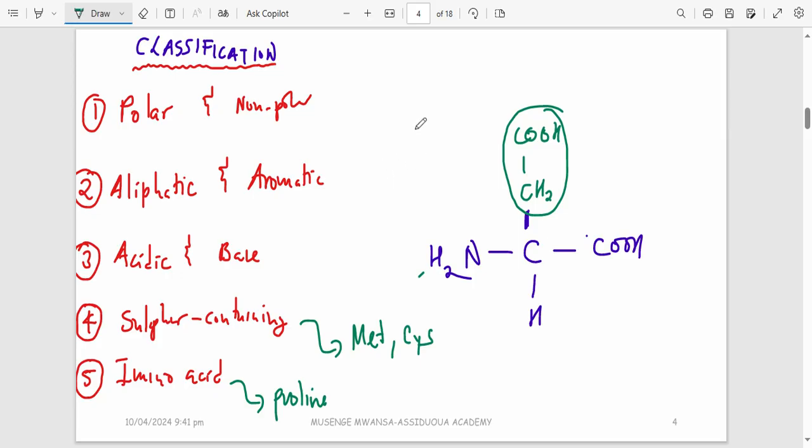Same with glutamic acid. Now, aspartic acid is also known as aspartate. Don't forget that we also have an amino acid known as asparagine. This one is aspartate, not asparagine.